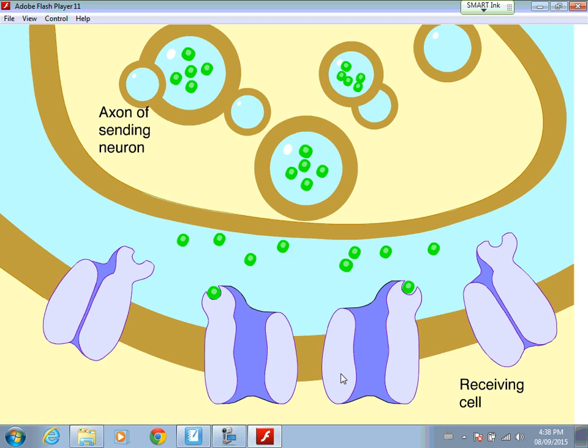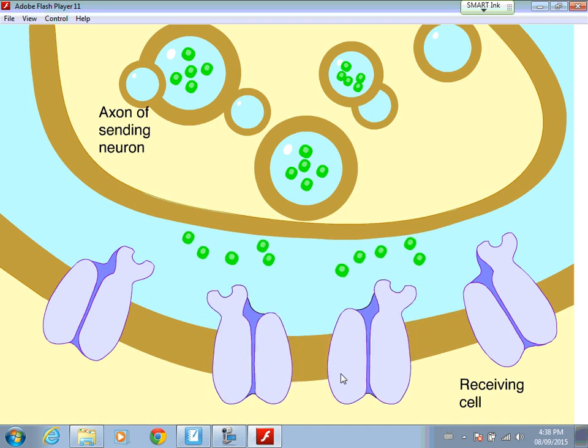Depending on the type of neurotransmitter, receptors, and channels involved, this may excite or inhibit the receiving cell. Here we show excitation. Sodium ions rush in, changing the polarity of the membrane, and an action potential is triggered in the receiving cell. The neurotransmitter is broken down by an enzyme, and the ion channels close. Enzymatic breakdown is one of the several mechanisms by which transmission is terminated at chemical synapses.